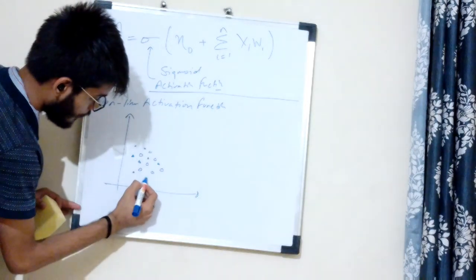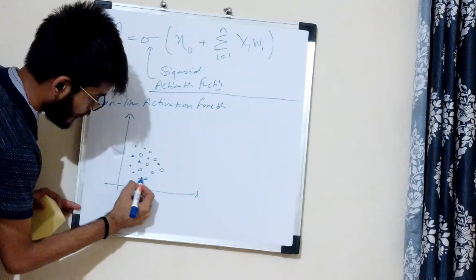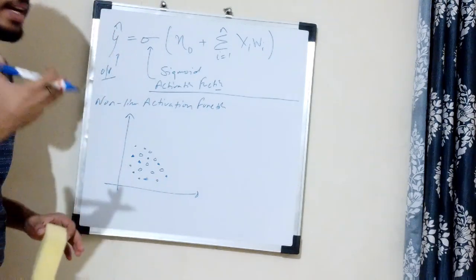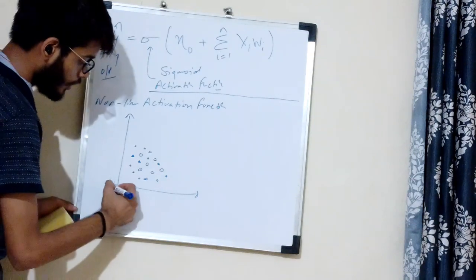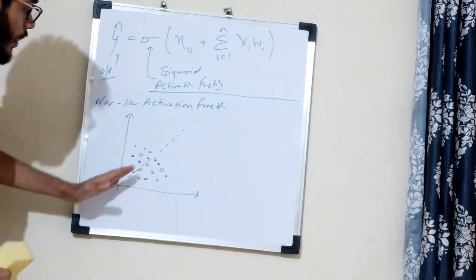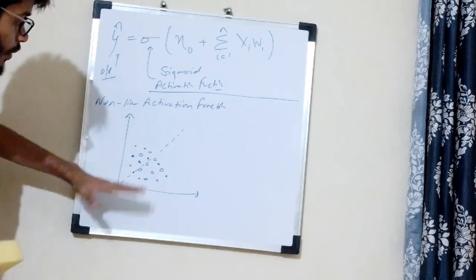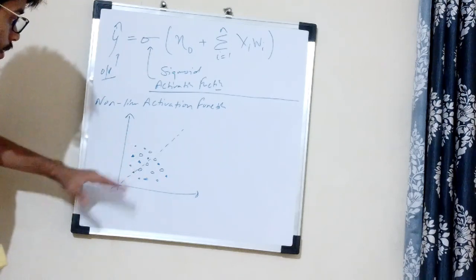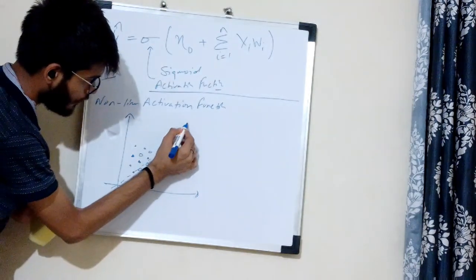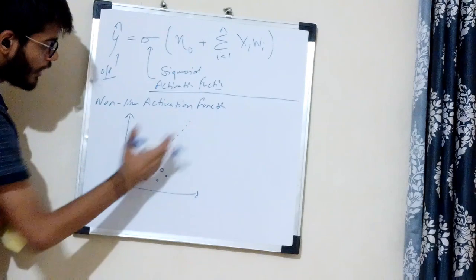Suppose we use a linear activation function, it will create a line like this. If I want to distinguish these linearly, is it possible? No, because you can see it is not efficiently separating them.